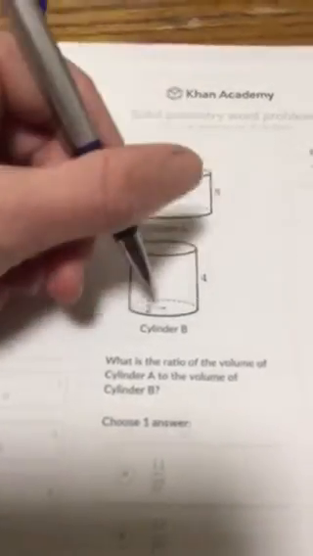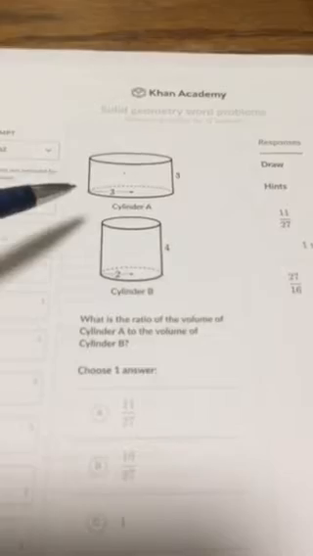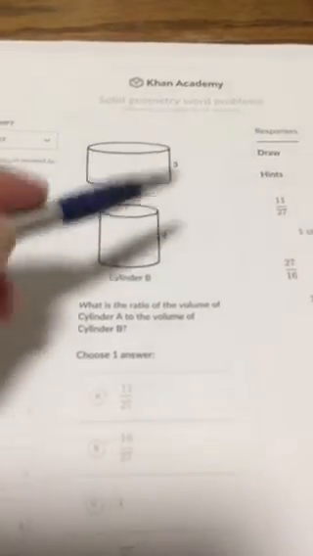You'll get your answer in pi. It'll be a number pi over a number pi, but pi over pi is just 1, so it's going to be one of these answers here. Pi won't be in the answer. So that's how you do that one. Just use your formula, plug in the correct numbers, and you'll get it.